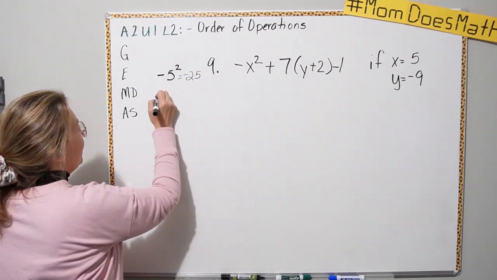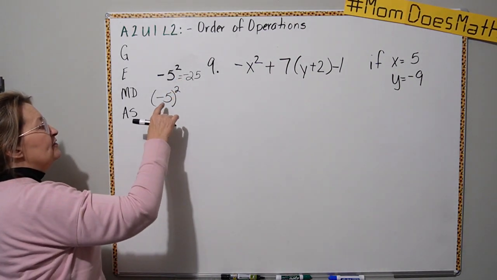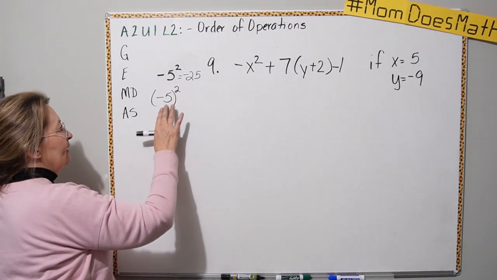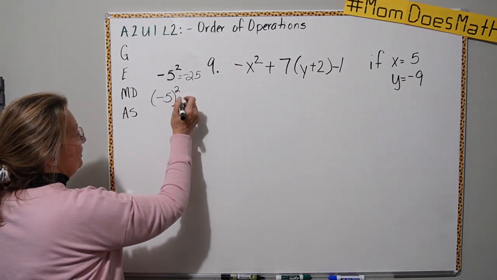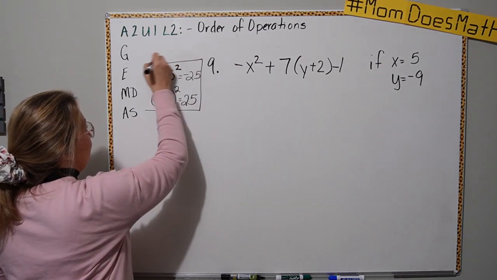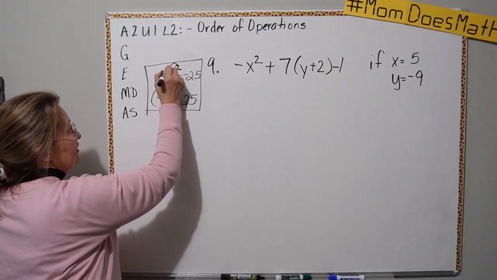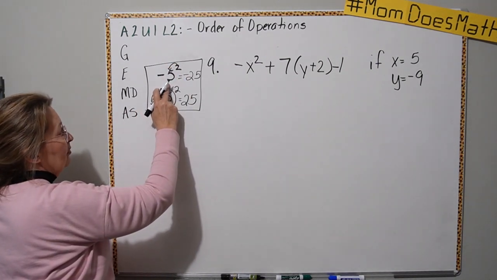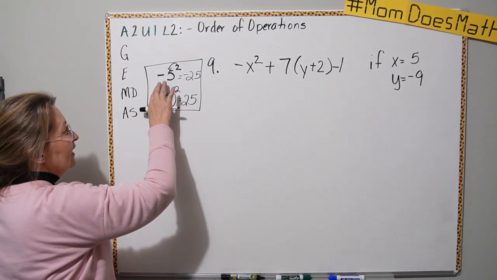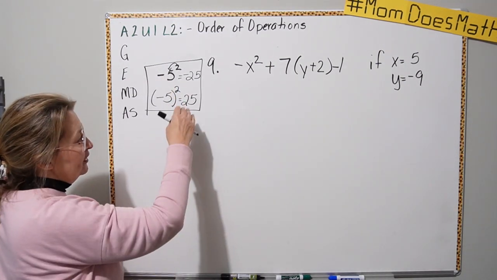The only time that exponent can affect the sign is if the sign is on the inside and the exponent is on the outside. So the answer to this one would be positive 25. All right, so you see the difference there. This time the exponent only affects that number. So it's like saying the negative of 5 squared, which is negative 25.